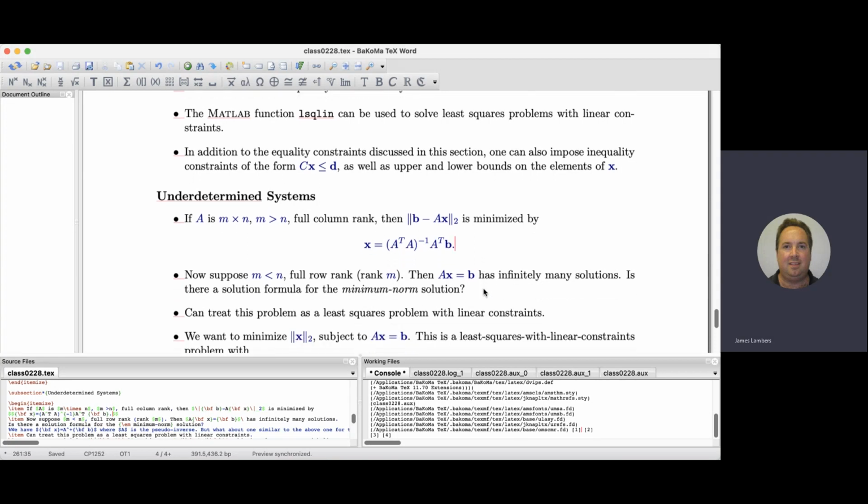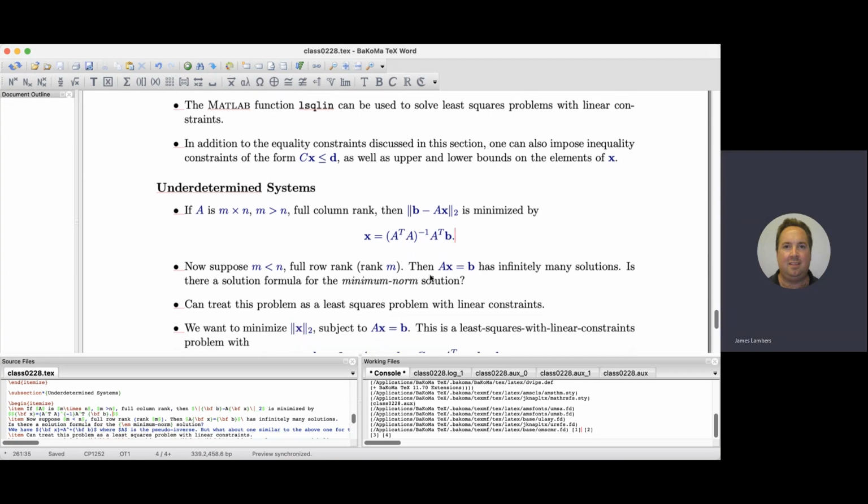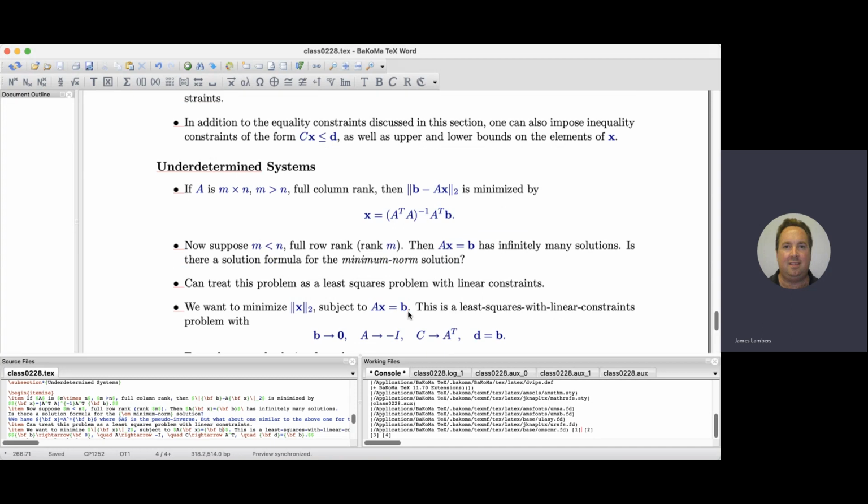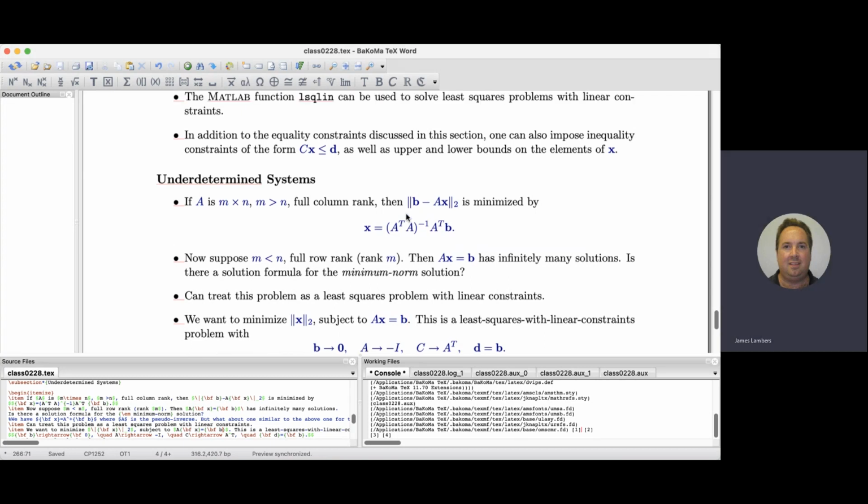So what we could do is we can cast this as a least squares with linear constraints problem. So the goal is to minimize the 2 norm of x subject to the constraint Ax must equal b. So we think of the general least squares with linear constraints problem that was described.